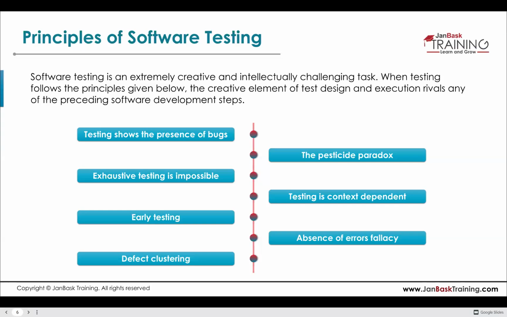So this is called the absence of error fallacy. The error is there in the requirement itself, but as that error is not found throughout the development process, you are not able to find the difference between the expected and actual result. But the error is actually there, and it will be found at a later stage, when the product is deployed and used by the customer.